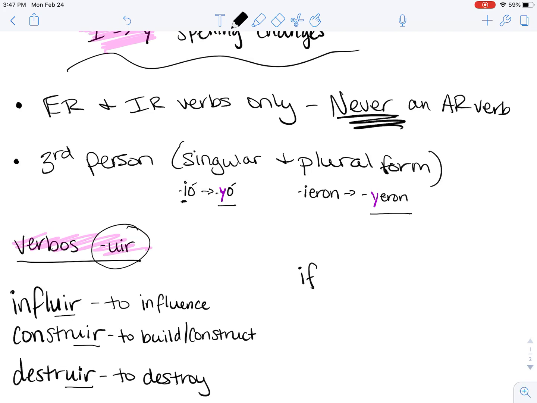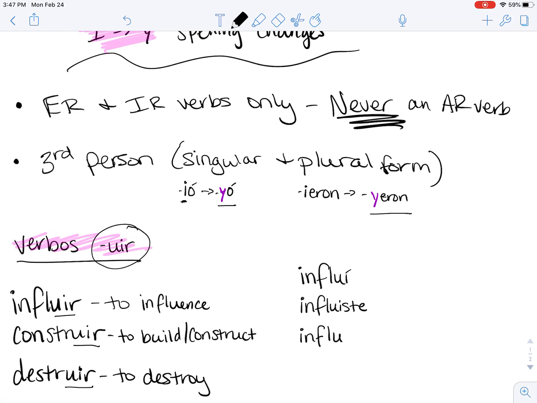So we're talking about ourselves. If you want to say I influenced, you'd say yo influí. Tú influiste. And here's where we're going to make our change. Now don't write this yet.